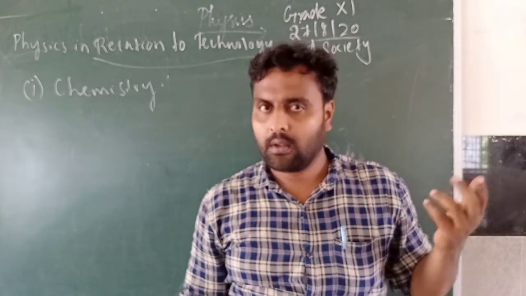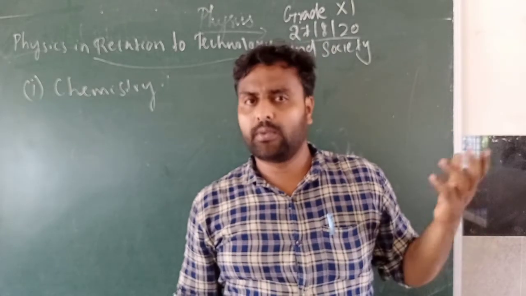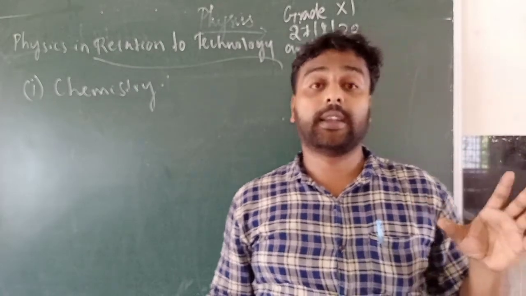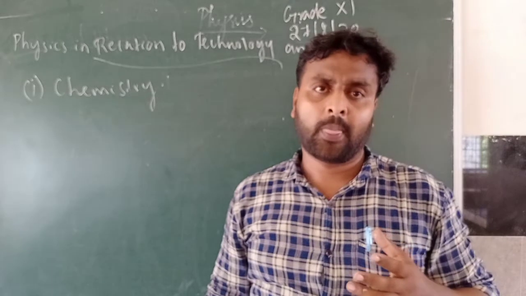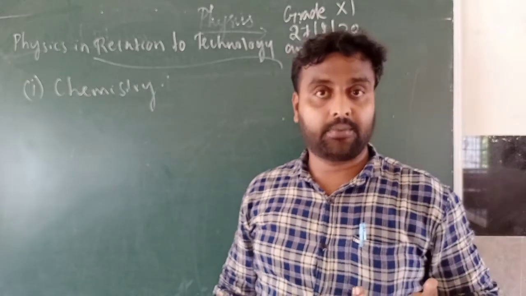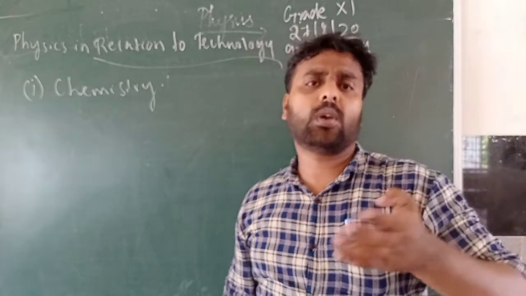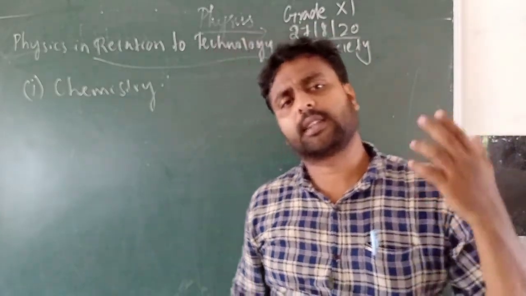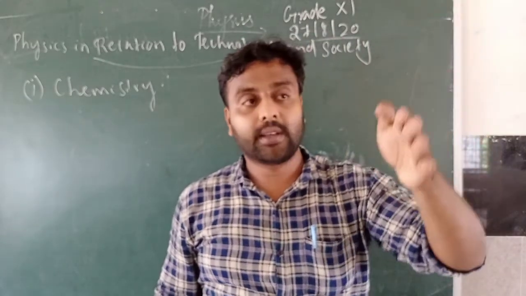Understand how physics is related to chemistry? In physics, we study the structure of the atom, X-ray diffraction and radioactivity. So all these help the chemistry scientists to arrange the periodic table in order.